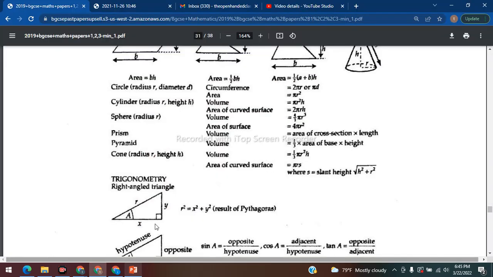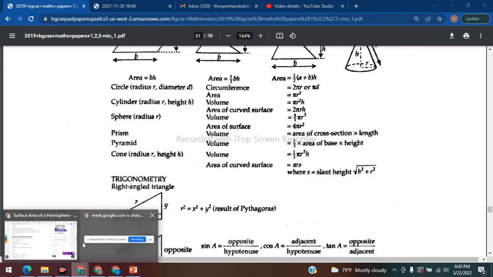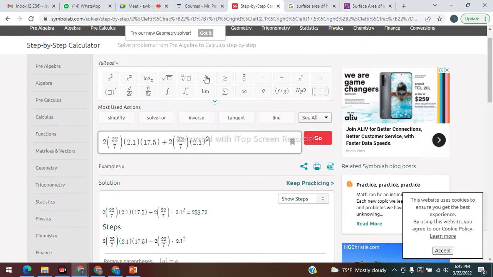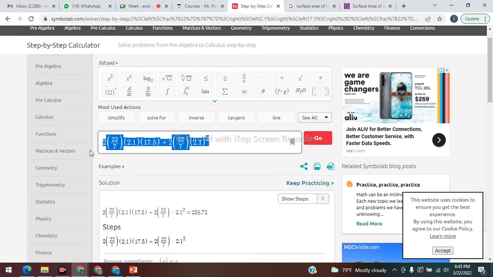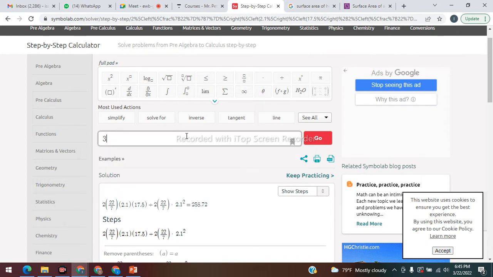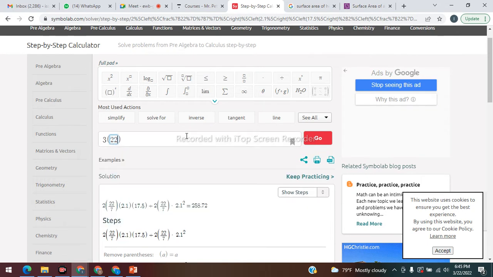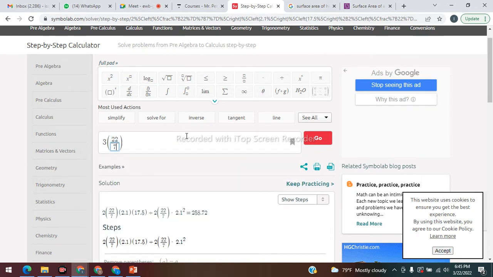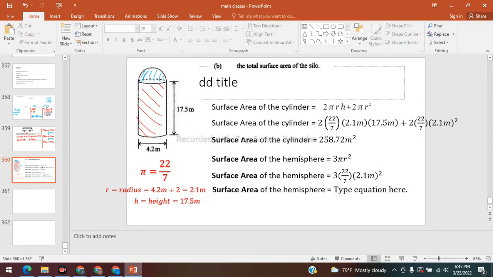On your calculator, you put 3 times 22/7 times 2.1 meters squared.